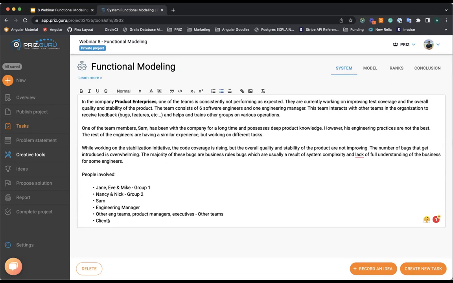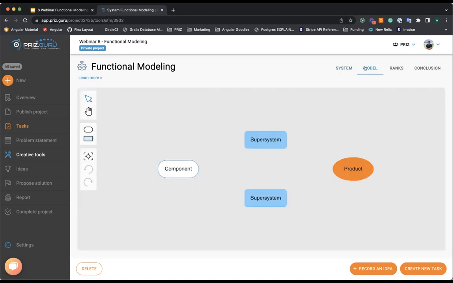So again, what worries us at this point in this particular problem is the software that they're building, right? So if we want to improve the quality of the software, the performance of that software, how well it's built, how well it performs, by definition, the product becomes the product that they're building, that piece of software itself, right? So let's just dive into that.